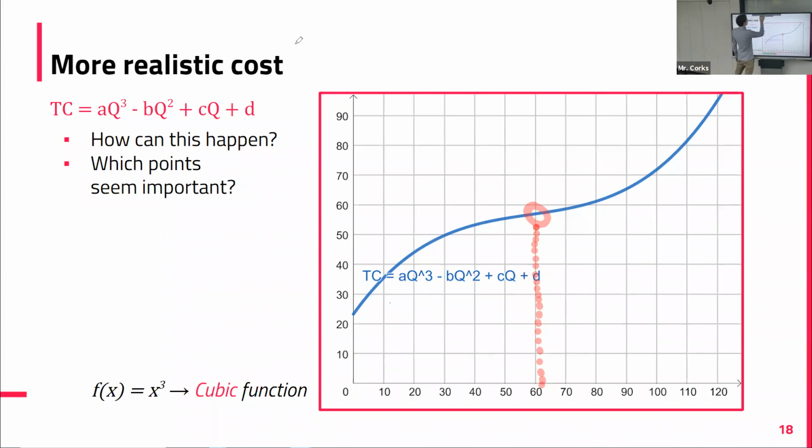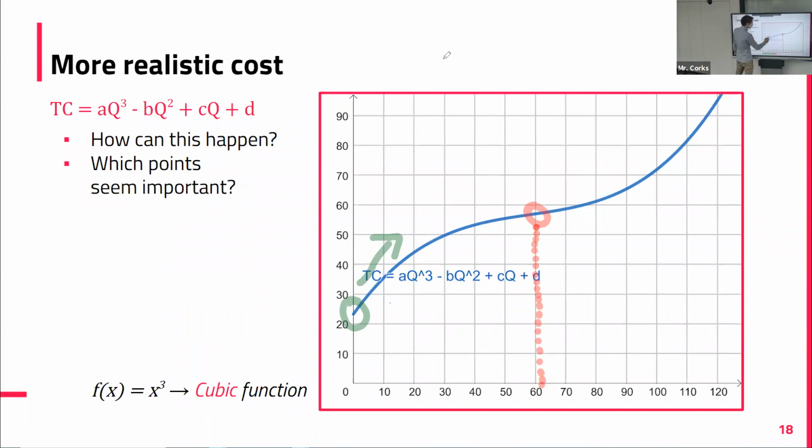All right. So the harder question here, how does this happen? So, first of all, total cost, when we make and we sell 0 things, we still have the starting cost, that's the fixed cost. And then if we sell more things, we have a variable cost, so total cost is increasing.